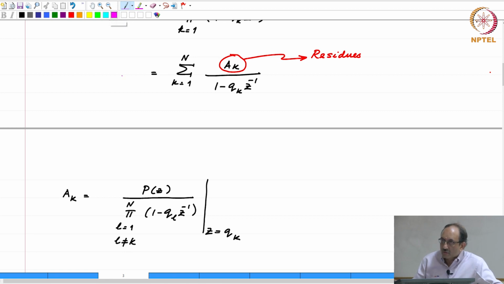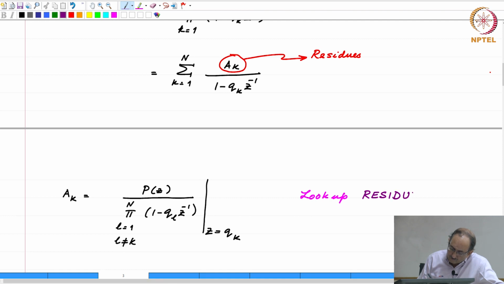And in this context, you can look up this one: residuez. This is the MATLAB command.